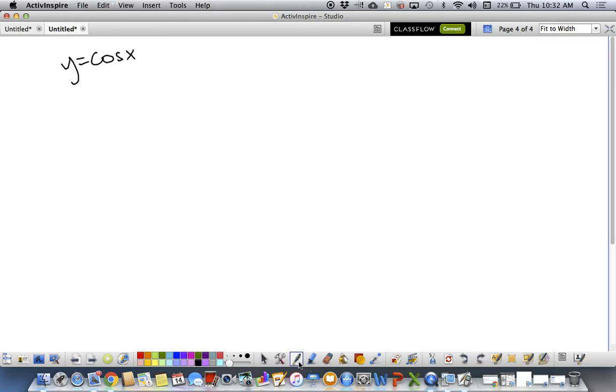Alright, graph your sketch of cosine x. Tell me where, because you can probably guess by now, is the cosine curve a one-to-one function?